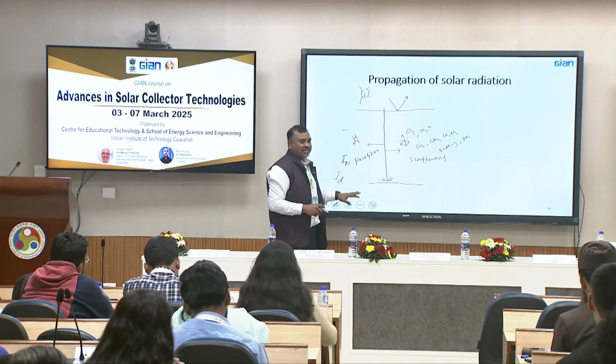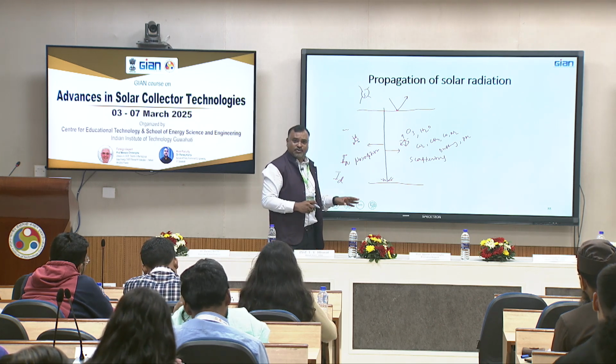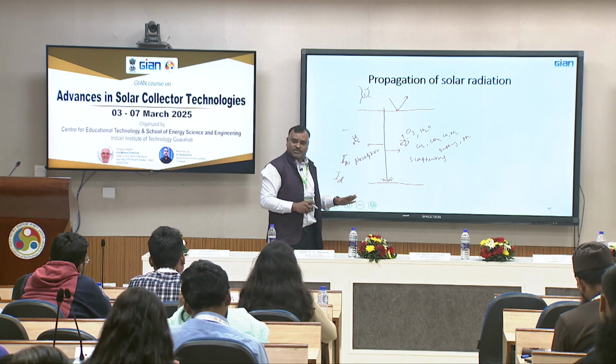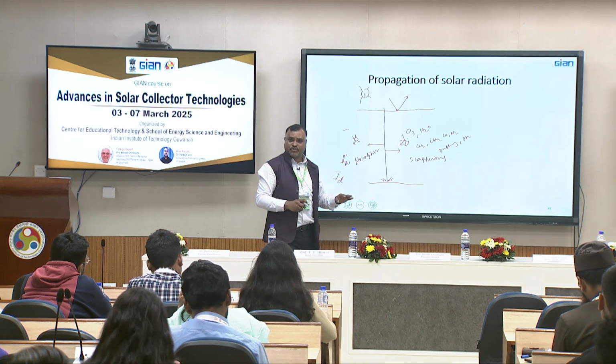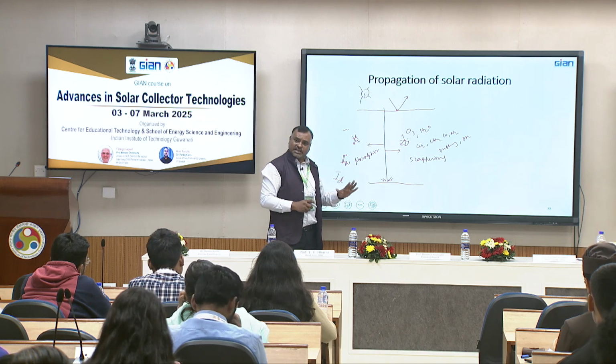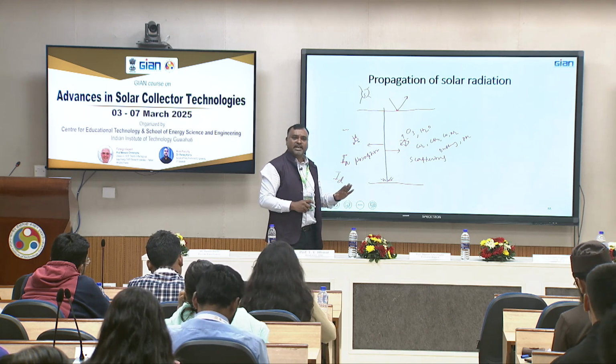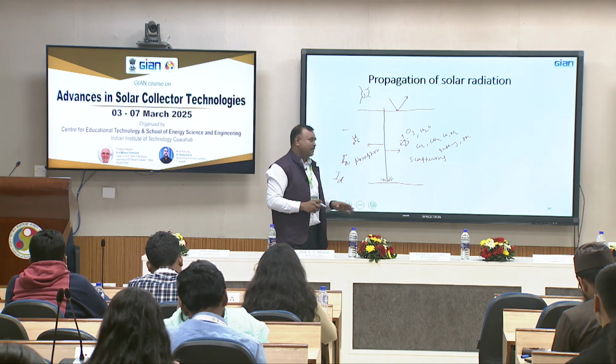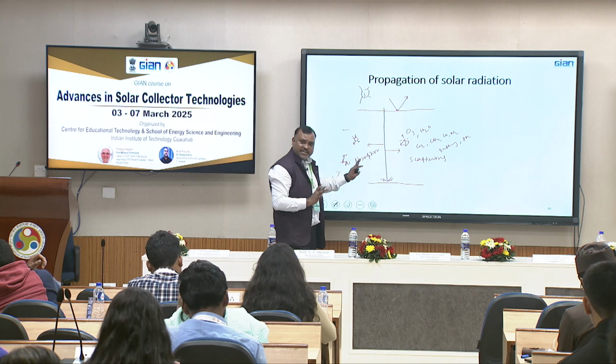But a place like Shillong, you will get mostly diffuse radiation in most of the cases. PV will work, solar thermal will also work to some extent, not that very high, but there is a requirement of exhaustive study in those places to investigate the performance. Okay, you got this idea?